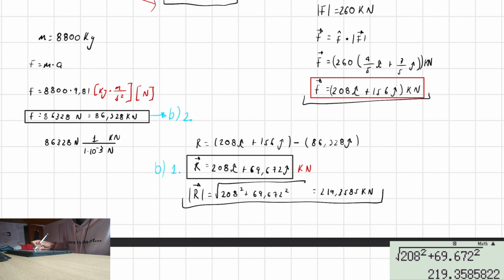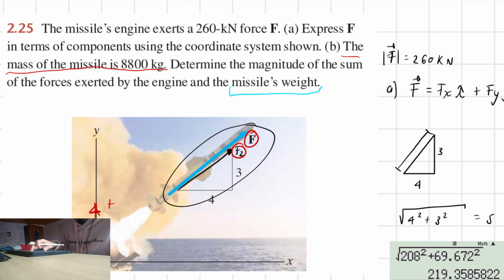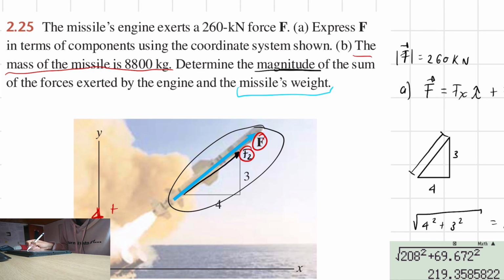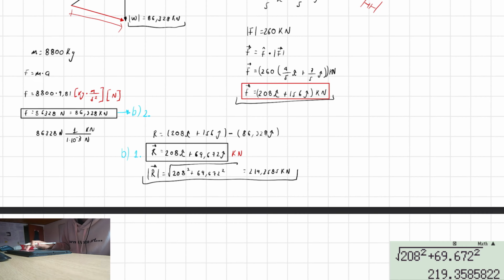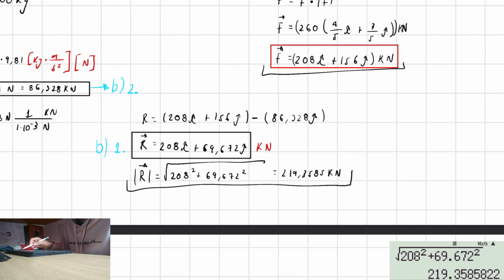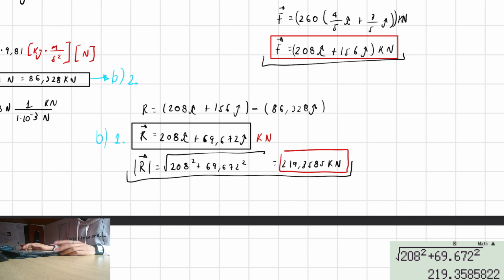Because the exercise is asking for the magnitude of the sum of the forces. And right there we have it. And that would be all, guys.